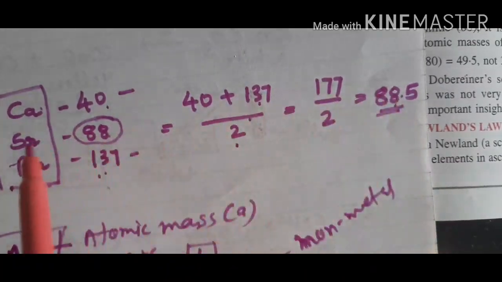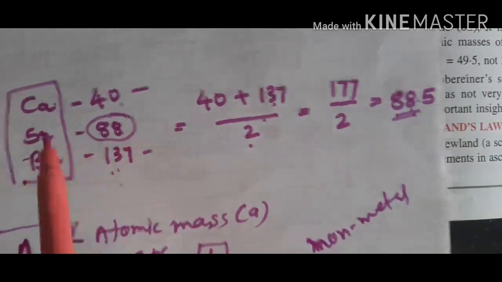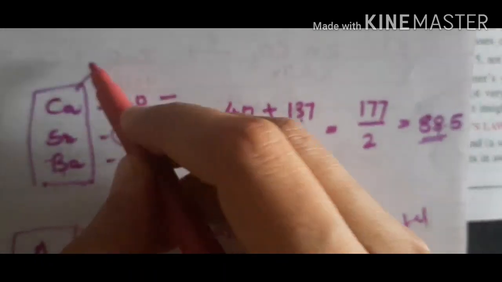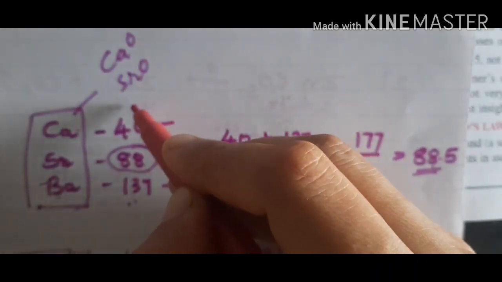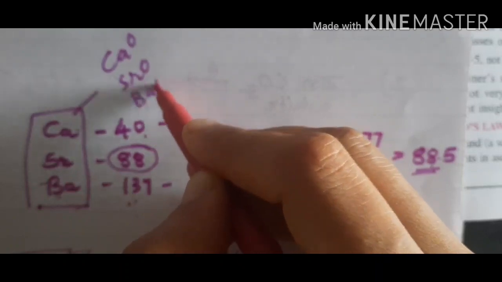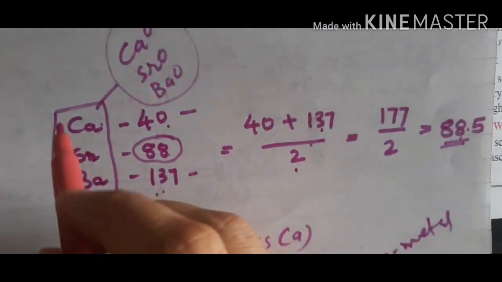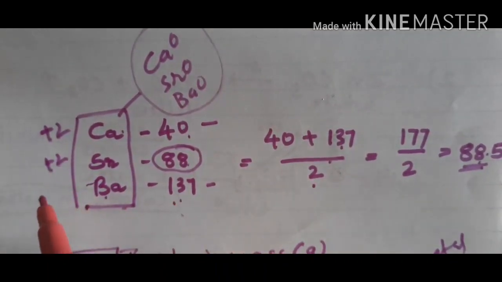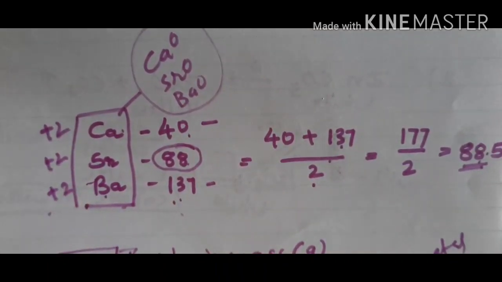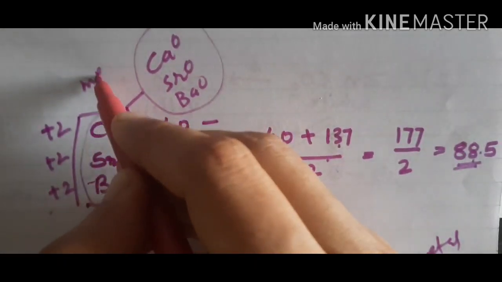and all the properties, like calcium oxide, strontium oxide and barium oxide, have the same properties, same characteristics. Calcium has a valency of 2, strontium has a valency of 2, barium has a valency of 2, and all of them are metals.